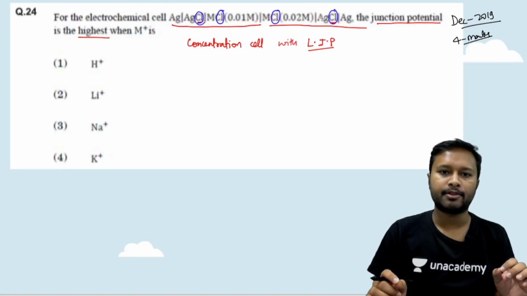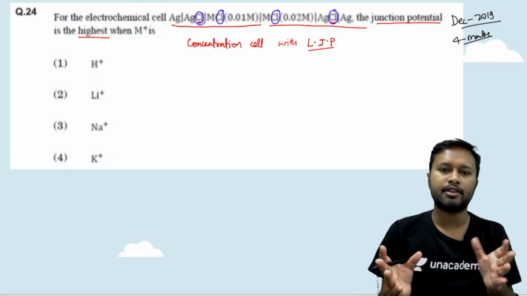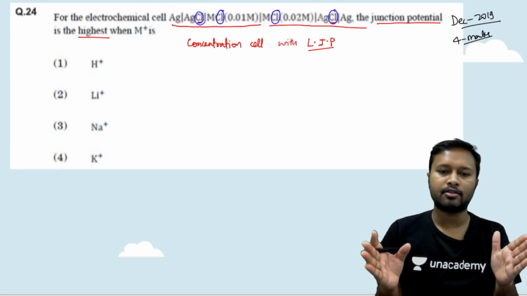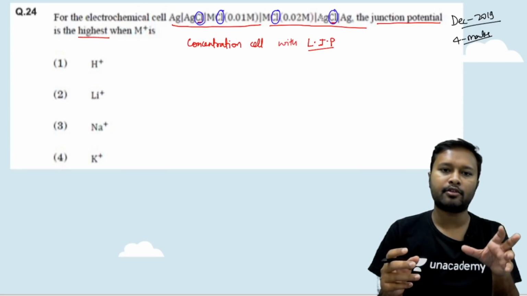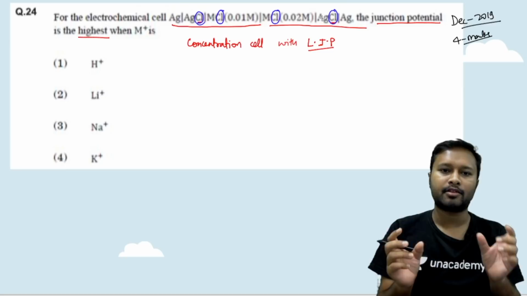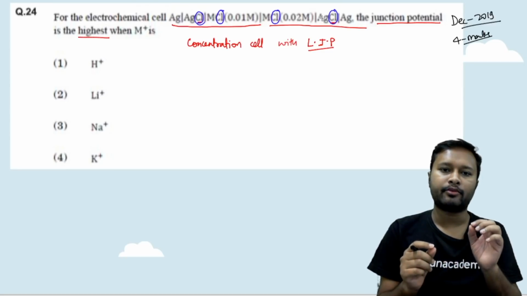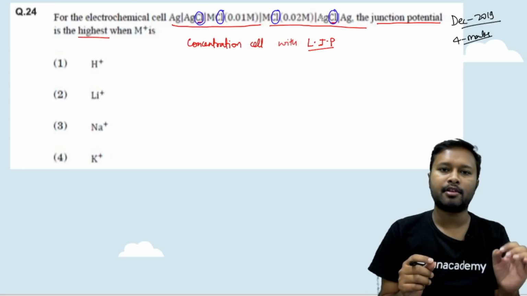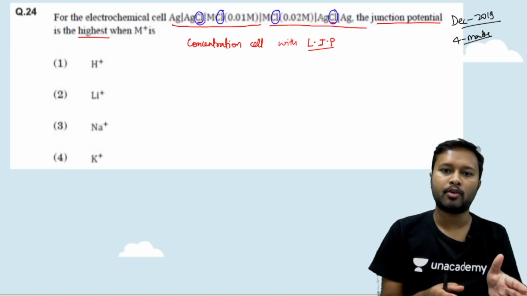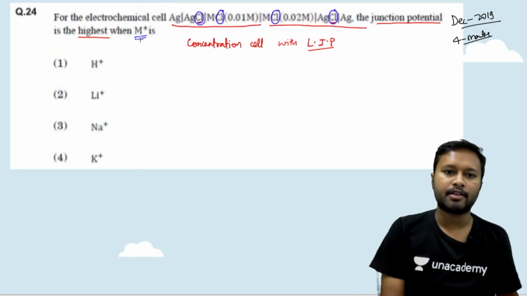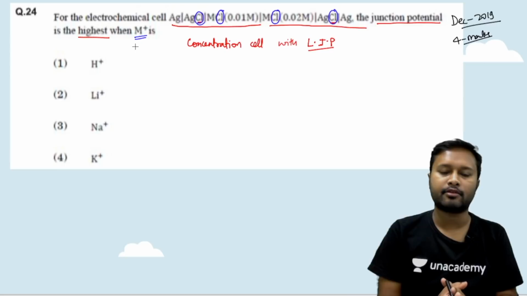So within the solution, in a concentration cell, the electrolyte is the same on both sides, or the solvent is basically the same. So which ion is responsible for the charge transfer is your M. Okay, the M plus ion is responsible for the charge transfer over here.